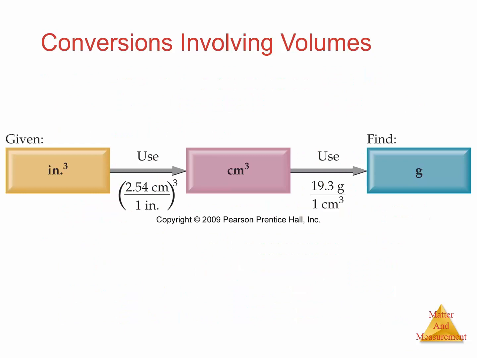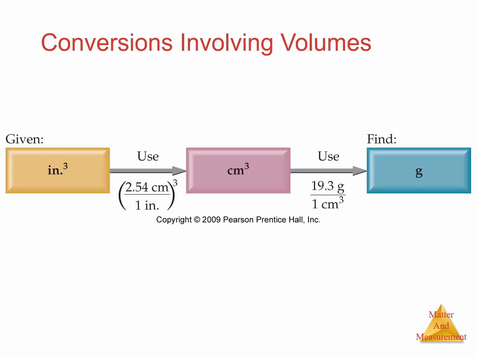So if we look at this figure, it shows us the procedure. The given inches, use this conversion factor, the first one, to convert cubic inches to cubic centimeter, and then use this second conversion factor, which is the density. You remember we said the units of the density, gram per cubic centimeter.